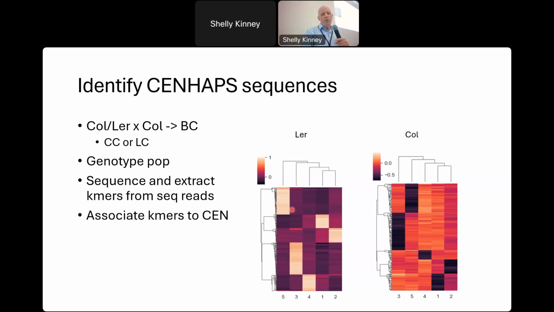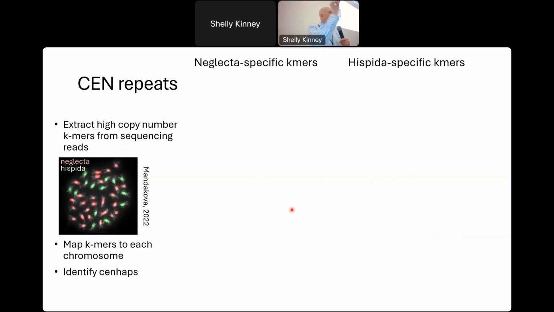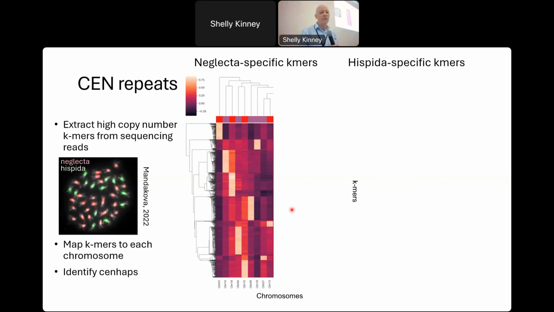So now we did it for Camelina. The genomes of Camelinas are quite distinct, the Hispida from the Neglecta. So you take the Hispida, you start with the neglecta repeats and ask the same question. Can I find the synapse? And the answer is yes, they come up readily. Here are the synapse on the neglecta genome.